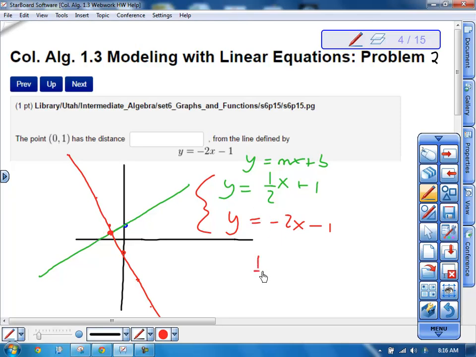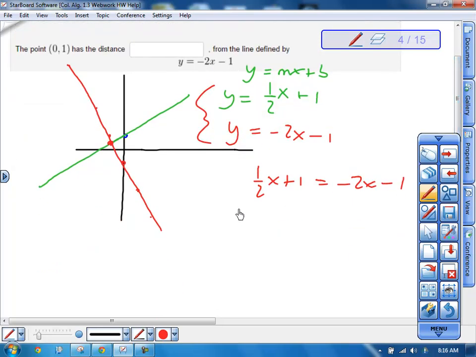If we set them equal, we get 1/2 x plus 1 equals -2x minus 1. And then we can subtract 1/2 x from both sides and add 1 to both sides.